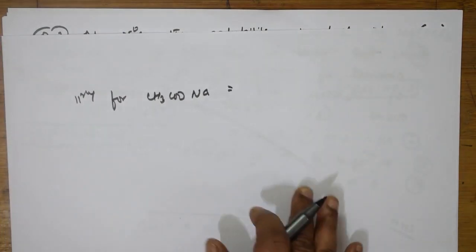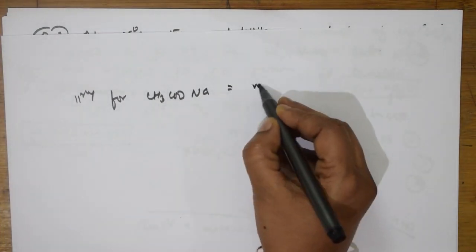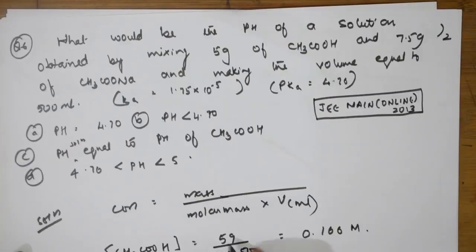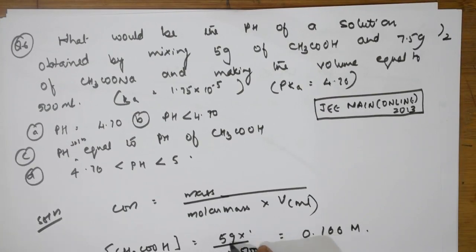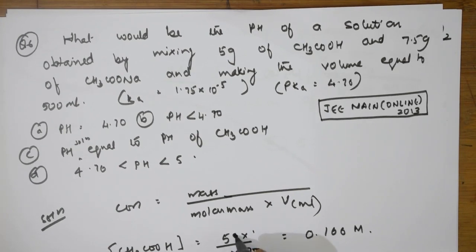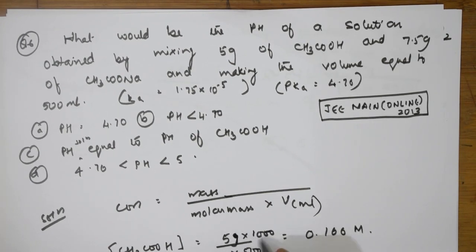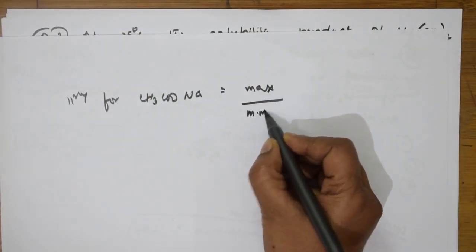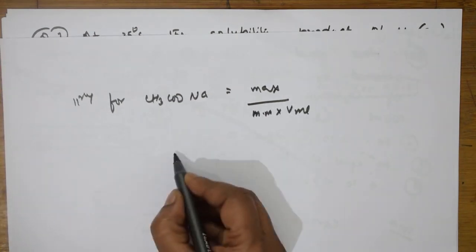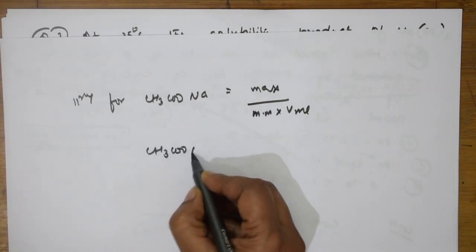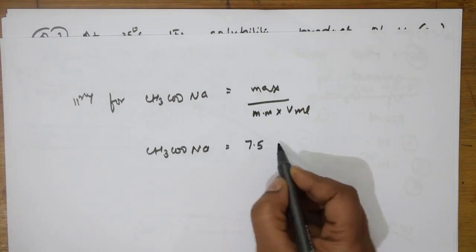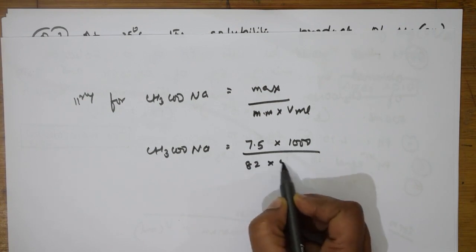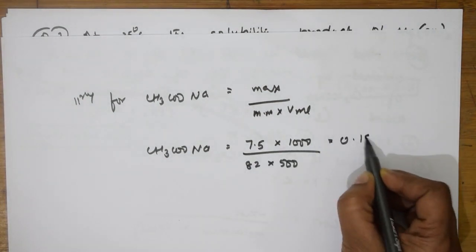Again mass by molar mass into volume in ml; I need to multiply with 1000 also, isn't it? So for CH3COONa, the mass is given as 7.5 into 1000, divided by the molar mass 82 into 500. Now I get an answer of 0.183.